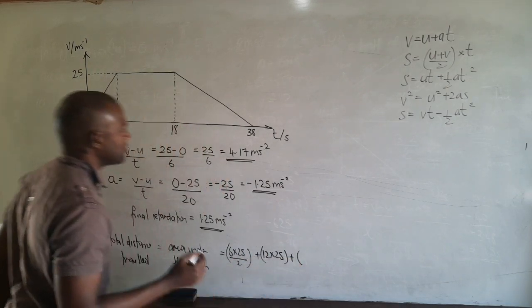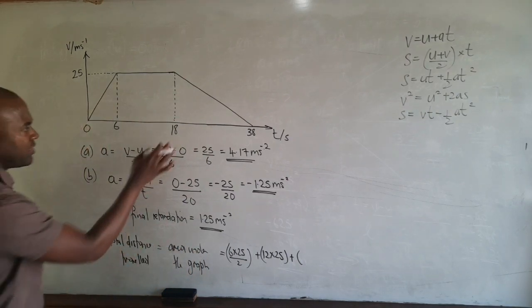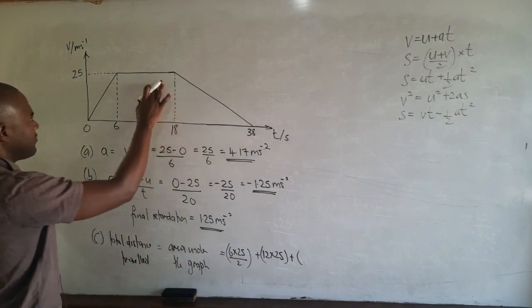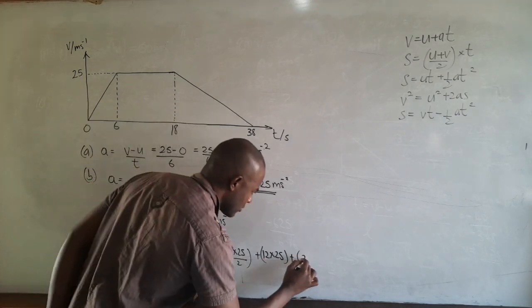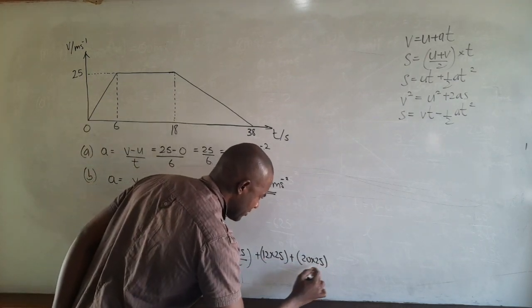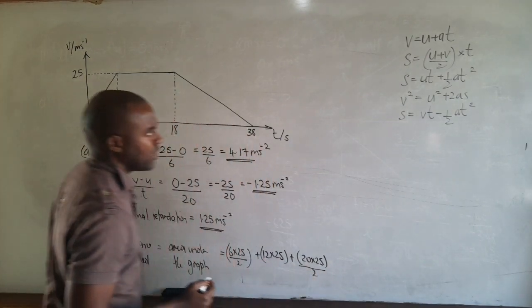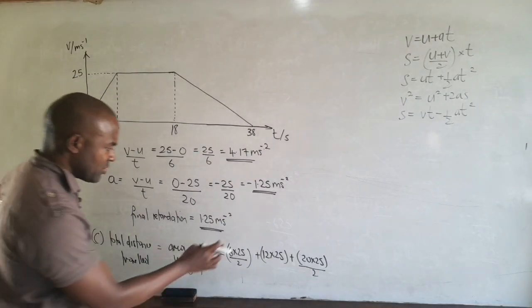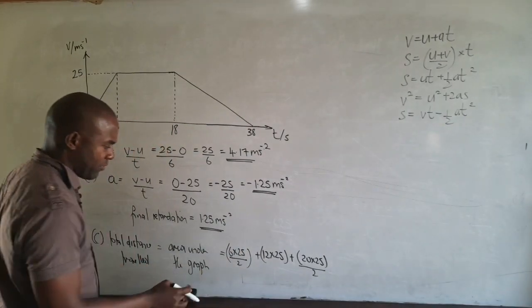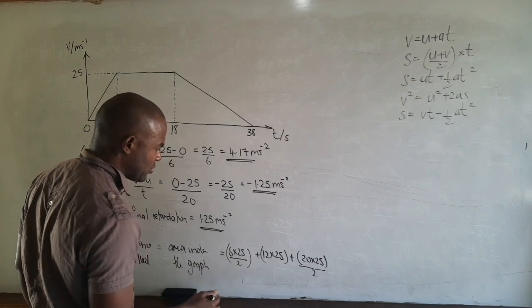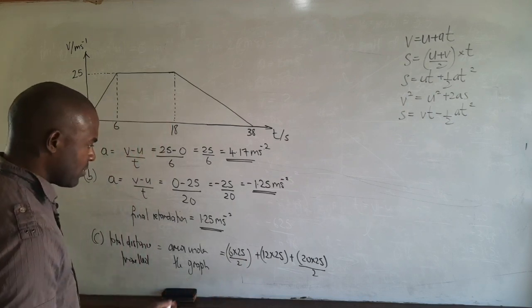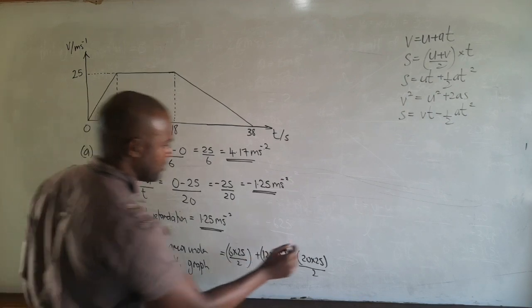And the third segment, which is another triangle, the base is 20, height is 25. So this is plus 20 times 25 over 2. And let's work that out. So 6 times 25, that is 150. 150 divided by 2, that gives us 75. So I'll continue it here.